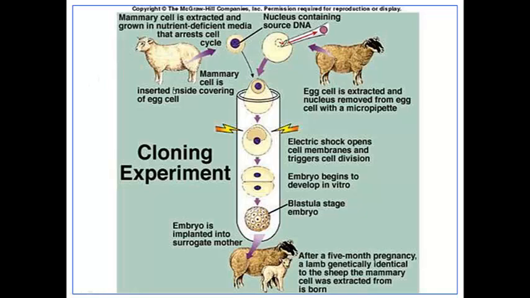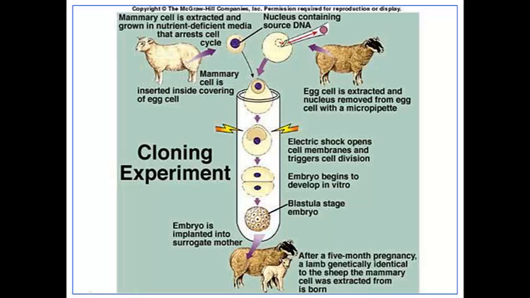They extracted a mammary cell from the sheep, and they put it in a nutrient deficient media, or a sterile solution, to keep the cell alive but to stop it from undergoing a cell cycle. In the meantime, they took an egg from another sheep and extracted the nucleus from that egg. So they took the DNA out.